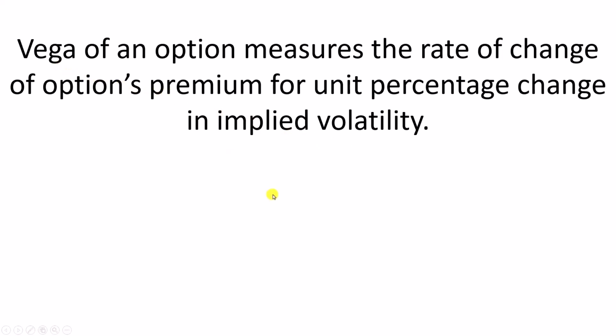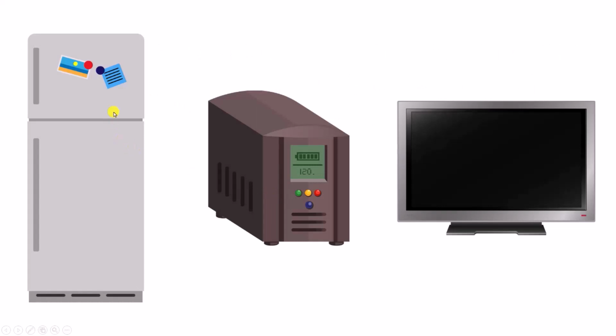Now, at your home, you have a refrigerator and you have a TV, correct? Both are connected to the power supply through a voltage stabilizer, right? What is the use of this voltage stabilizer? It is to stabilize the voltage. When do we need this stabilizer? We need this mainly in the rainy season, correct? In the winter season and in summer, the voltage fluctuation will not be much.